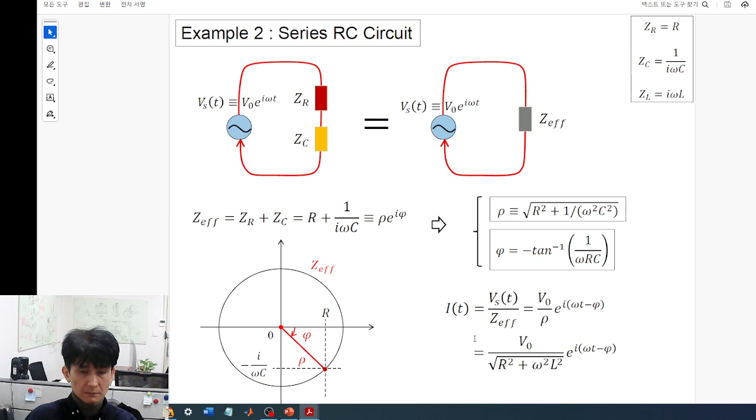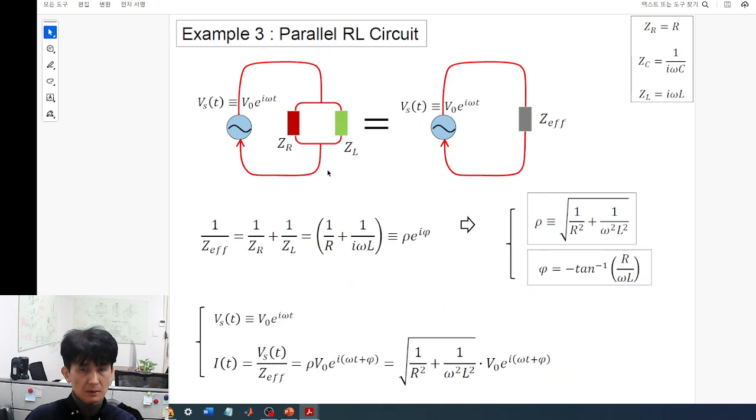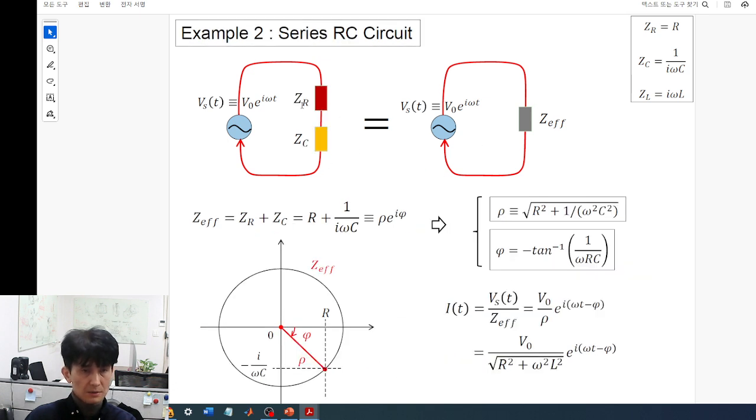So here again we can calculate the current passing through this circuit by assuming these two components as one component. It has the complex impedance Z effective, which is this one. Once we calculate this, we can also calculate the voltage across the ZR and ZC, where the voltage across the resistor is R times I, the expression given here.